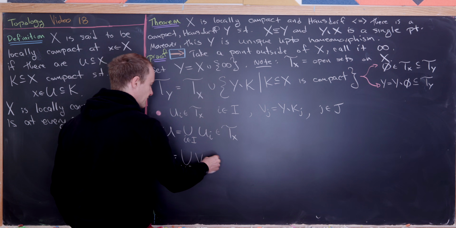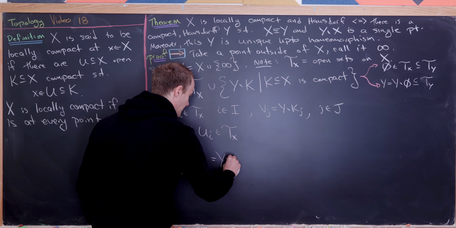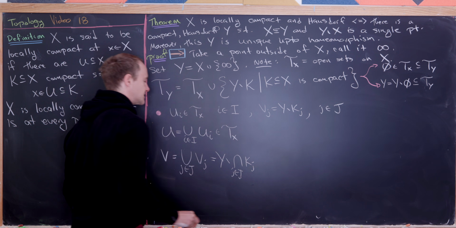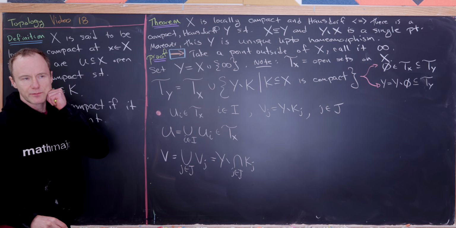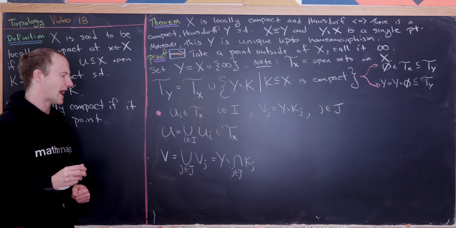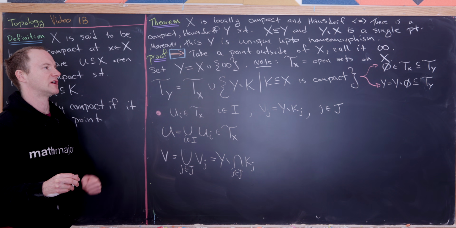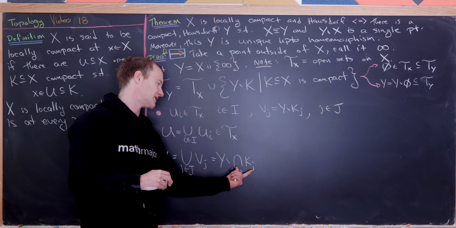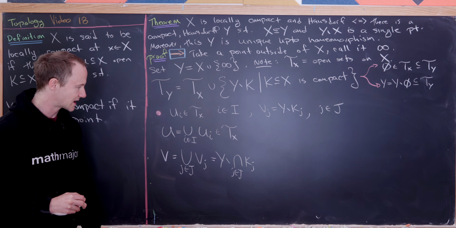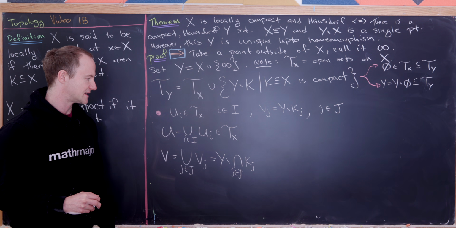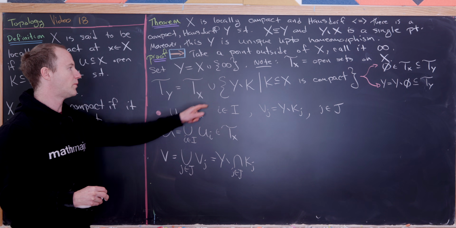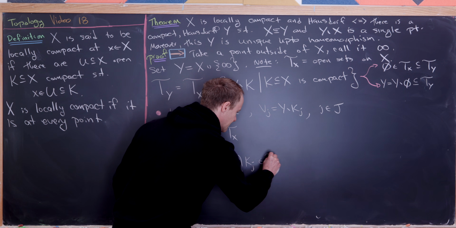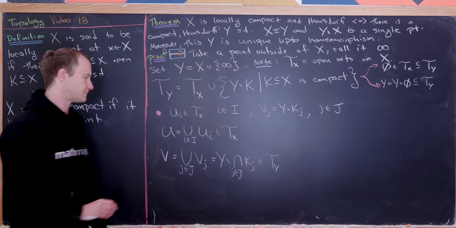But now let's observe that that's going to turn into Y minus the intersection over all j in J of K sub j. But then you can prove, and I think maybe we proved this in the past, that if you take an arbitrary intersection of compact sets, you still get a compact set. So that means that this arbitrary intersection is compact, which means Y minus that compact set is open in the sense of this part of T sub Y already. So this is in T sub Y.